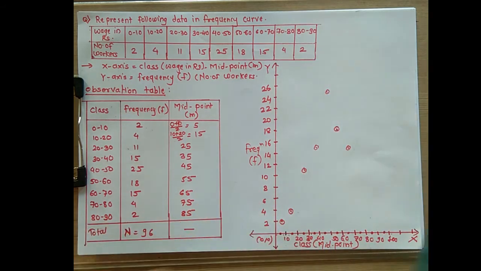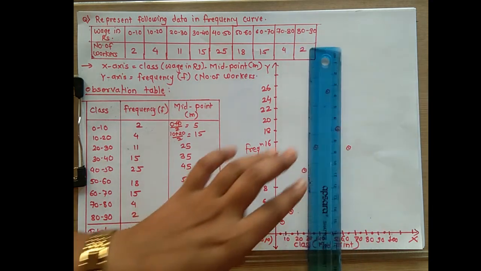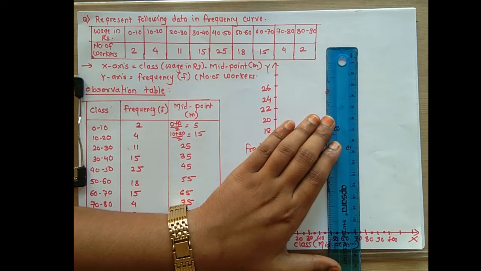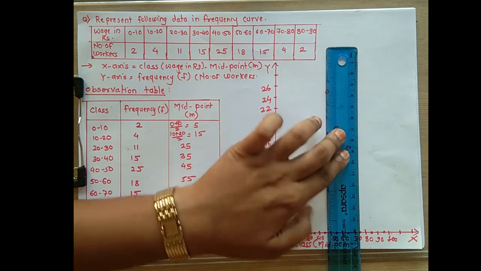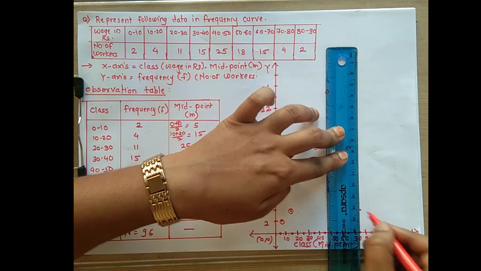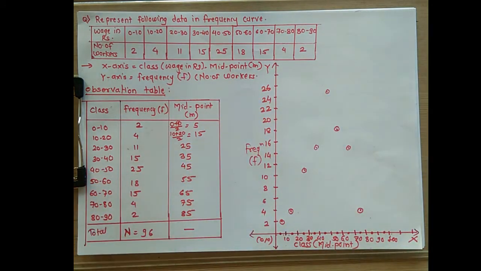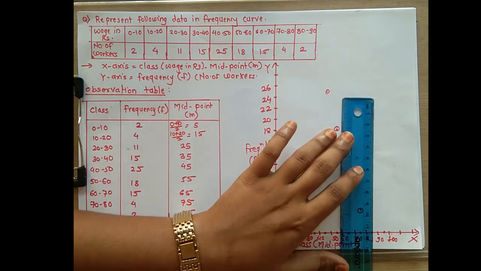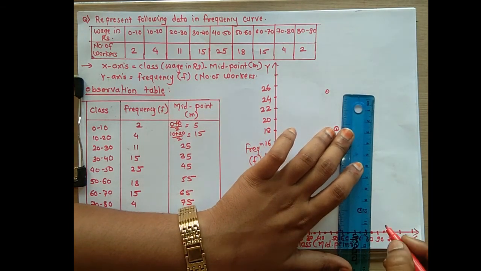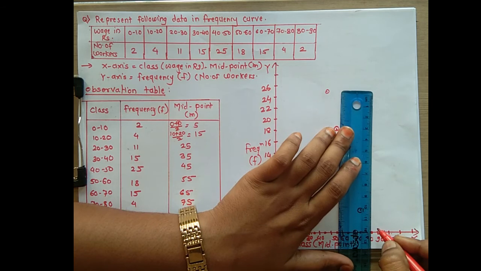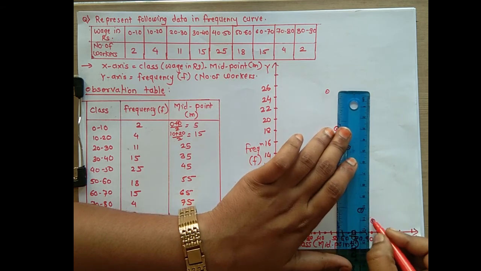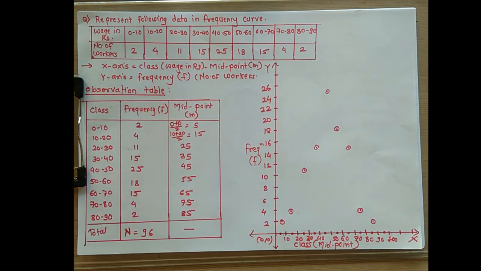Next is 75 with corresponding frequency 4. 4 is here. And last is 85 with corresponding frequency 2. Here we complete all the points.